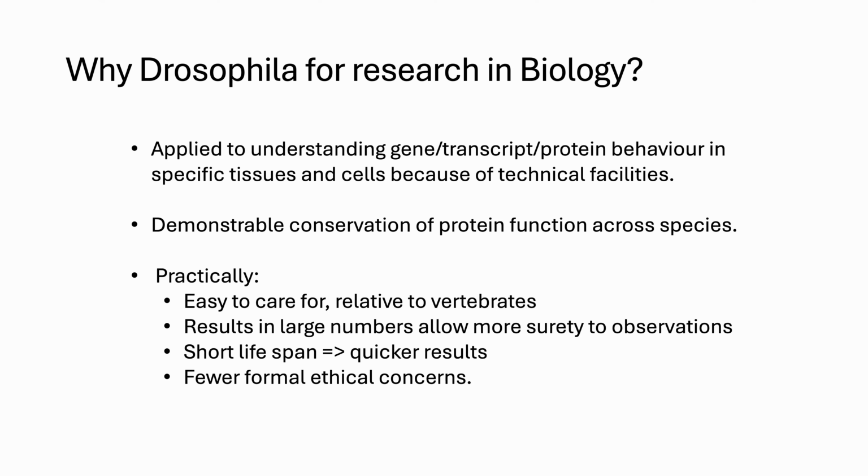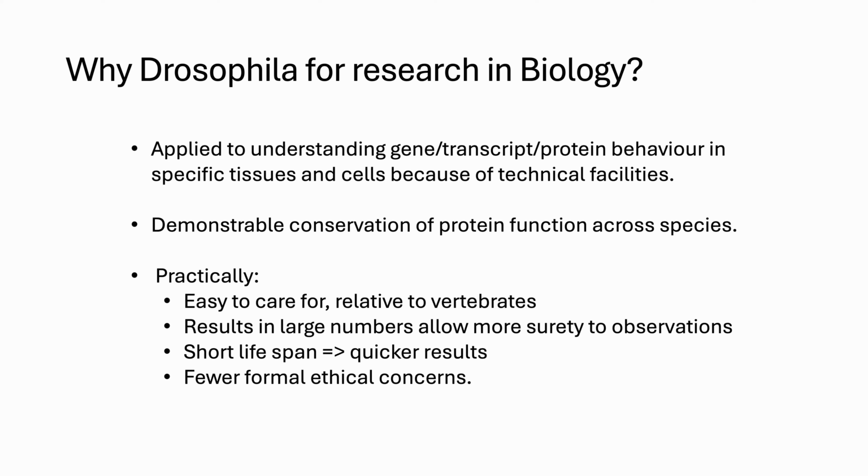They result in large numbers, so you are surer of the observations that you make because you can get really clear statistics. They have a short lifespan. They give quicker results. That is something that is great, especially if you're doing a PhD. You don't want your PhD to last 8 years.